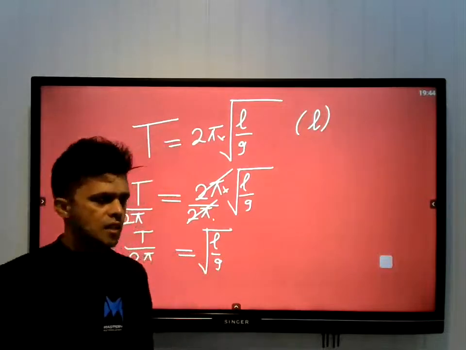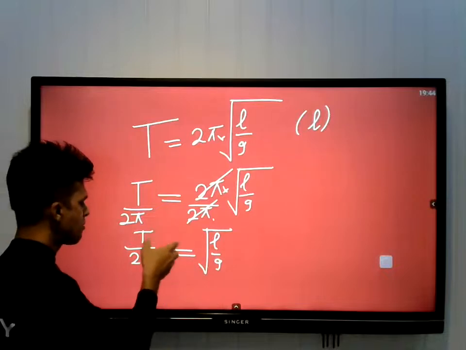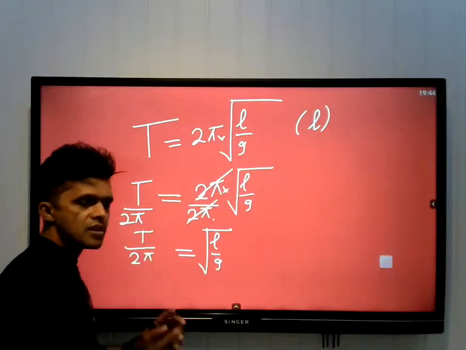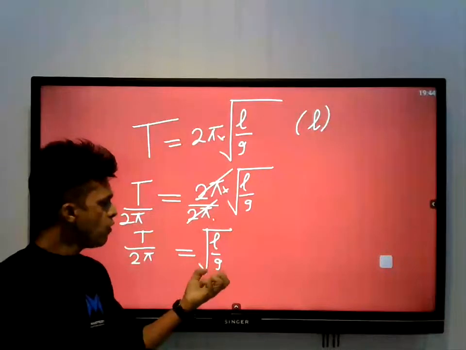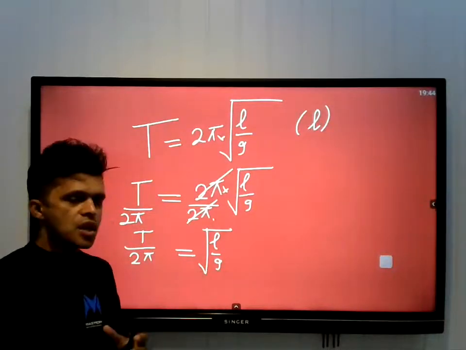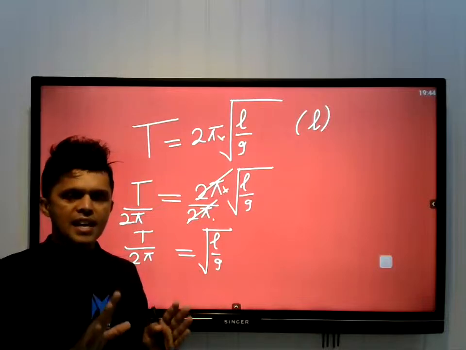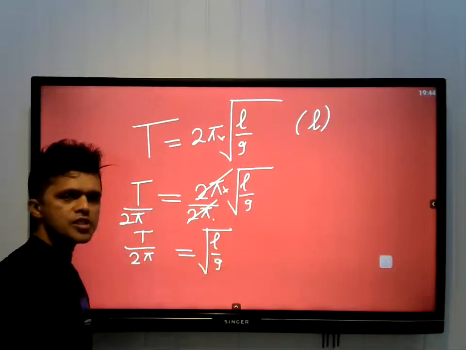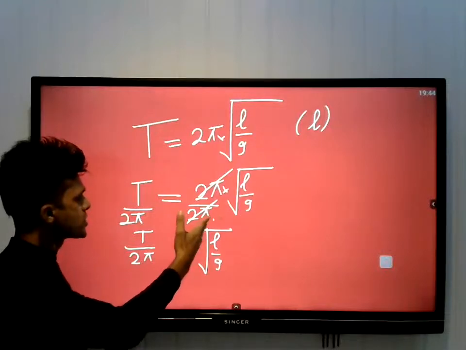You need to write this root L over g equals t over 2π, so that we can get the square value of root L over g. You divided both sides by 2π.